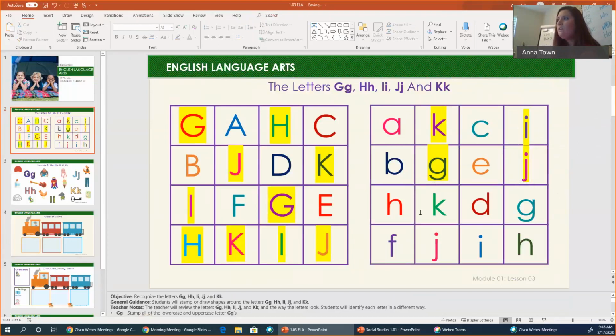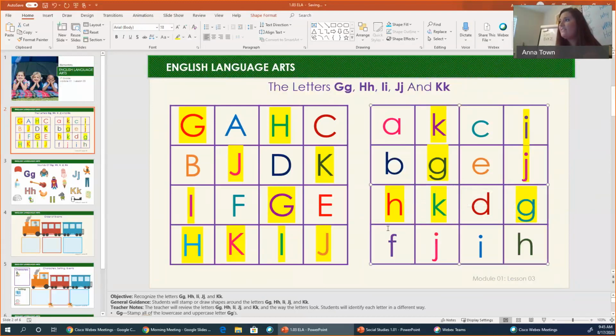Moving down here to this row, we would have pointed to this because it is lowercase h. We also should have pointed to this letter because it's a lowercase k. We should have skipped this letter because it's a lowercase d. We should have pointed to this letter though because it's a lowercase l.